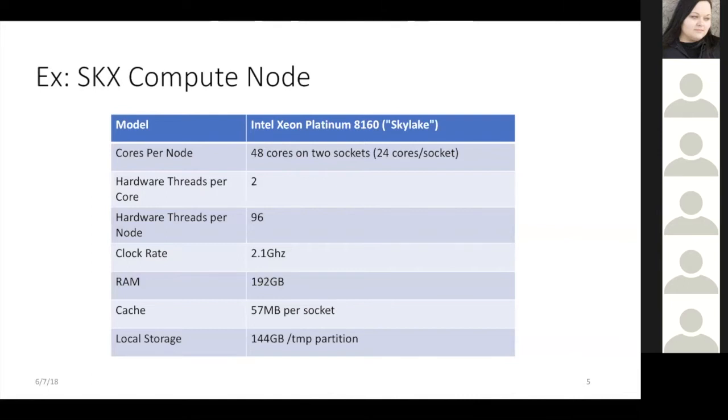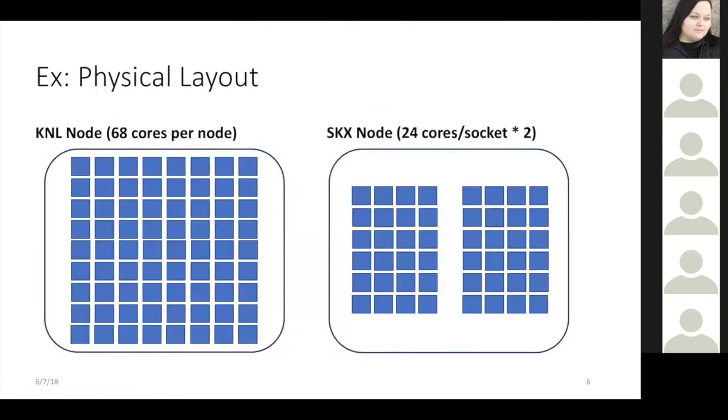And you will also have access to the memory storage on the file system. Physically, it looks something like this. The KNLs have significantly more cores per node, but the clock speed is lower.